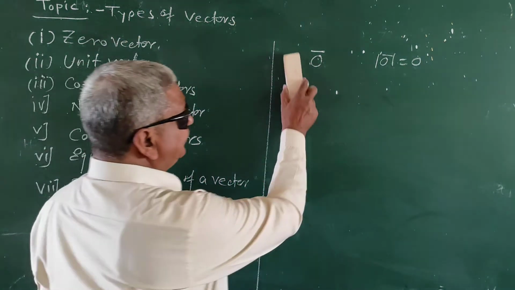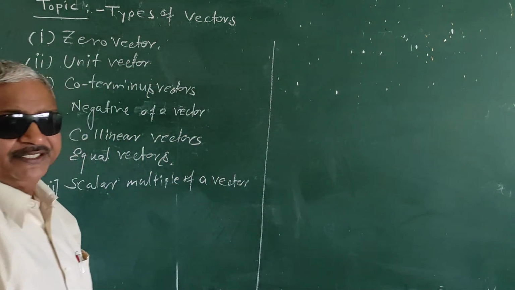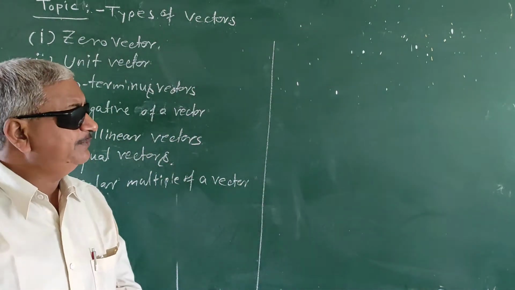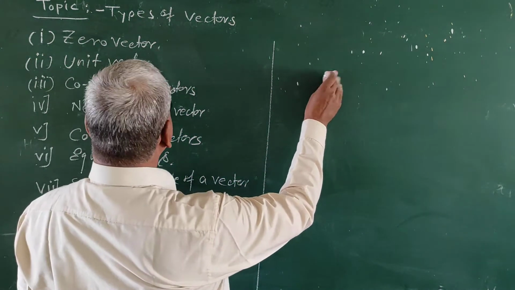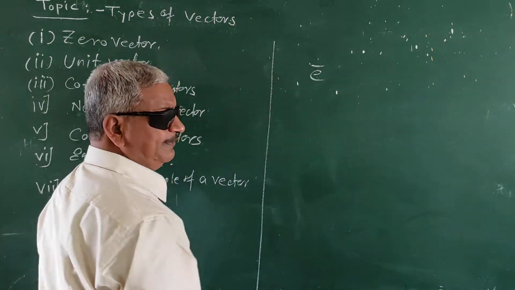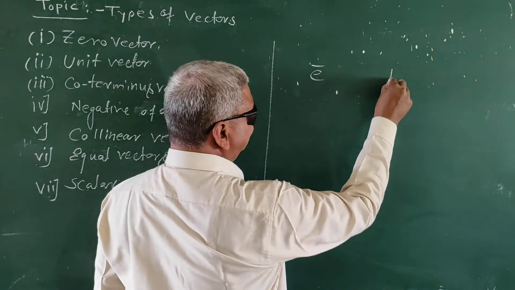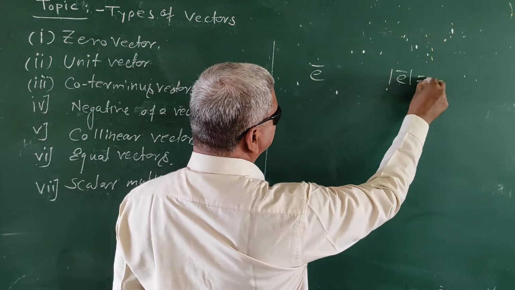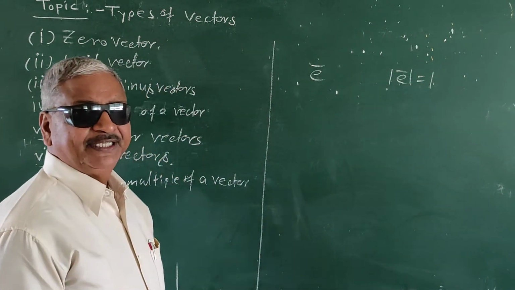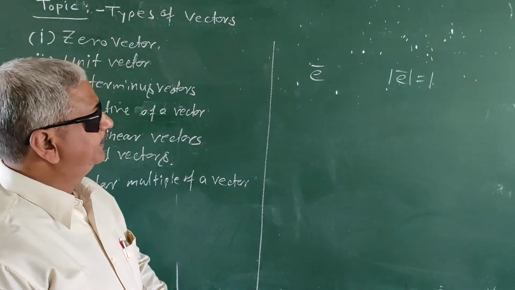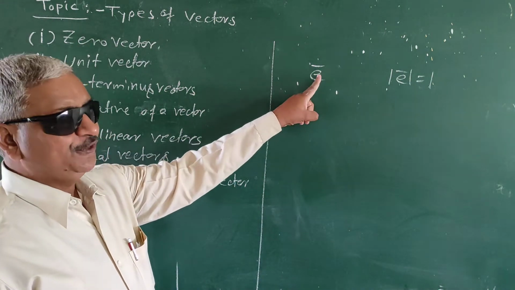Then we define the unit vector. Unit means 1. If you take e bar as a unit vector, its magnitude is 1, that is mod of e bar is equal to 1, then e bar is called a unit vector.